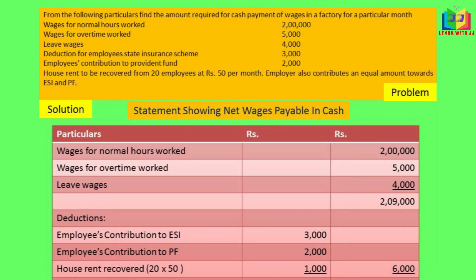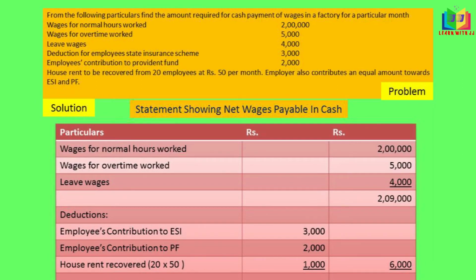And next one is house rent to be recovered from 20 employees at rupees 50 per month. So 20 into 50, 1,000 rupees is being collected from the employees for house rent.